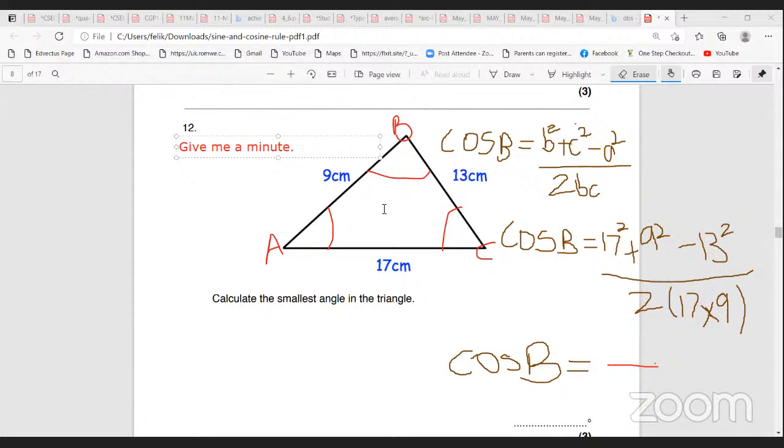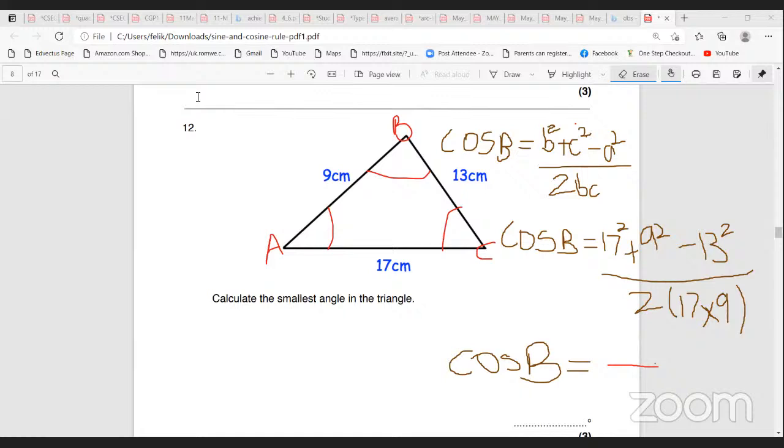Okay, Peter, what I want you to do is to write down the number that you got for your numerator. So you did 17 square plus 9 square minus 13 square. What did you get for that? Peter?